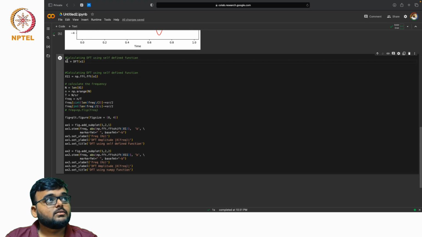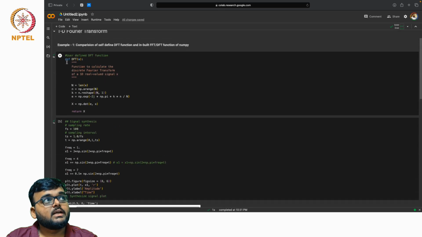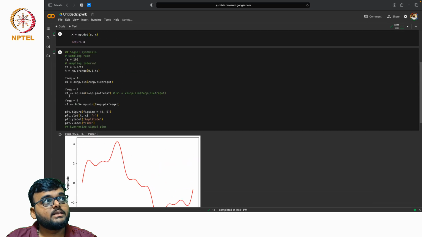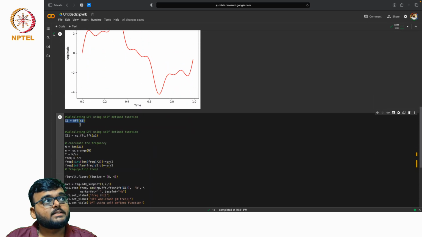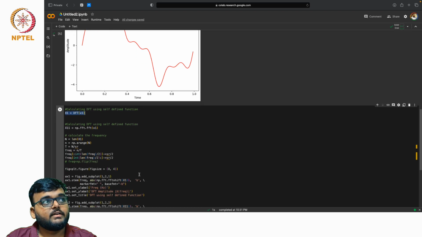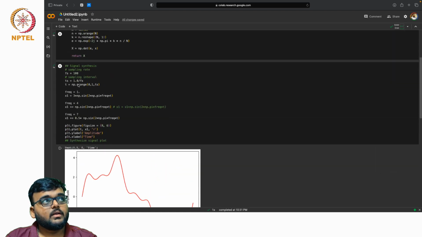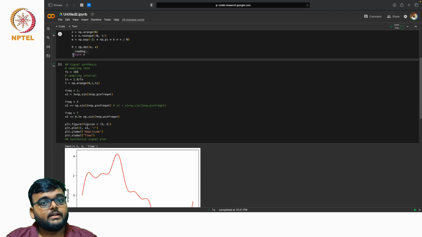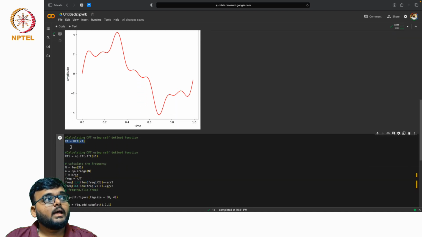Here, capital X1 using the DFT function will call the DFT function with whatever we give as x1, the final signal which is created. The DFT function will calculate the DFT Fourier transform and provide it into the capital X1 variable.